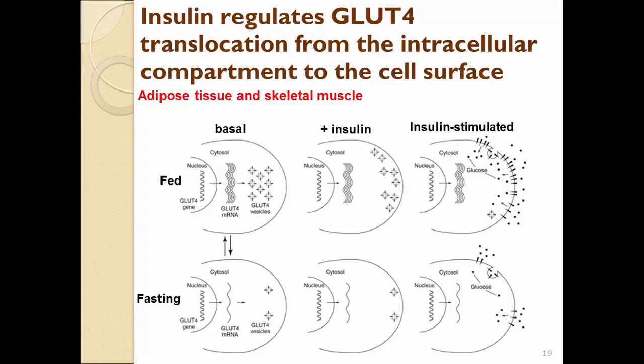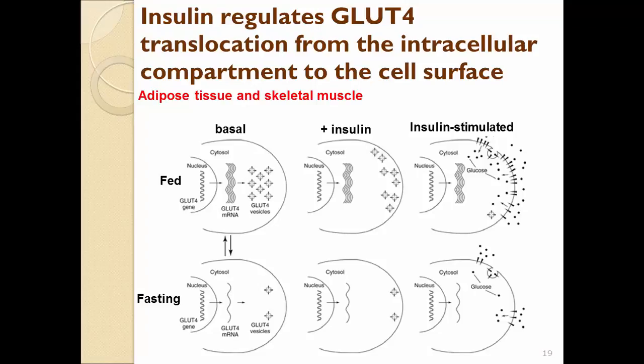So GLUT4 localizes on the cell surface membrane and is able to transport glucose into the cells. So this is the mechanism of how insulin regulates the glucose transporter GLUT4. Again, it stimulates GLUT4 molecule translocation from inside-cell vesicles to the cell surface, which allows glucose to be taken up by GLUT4.